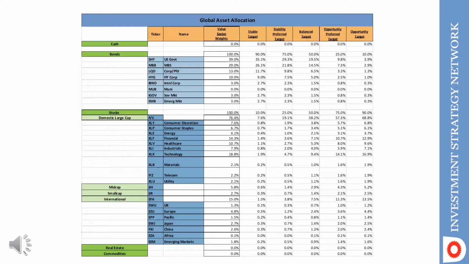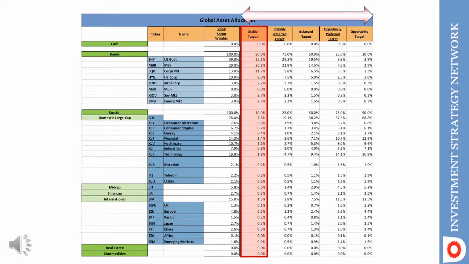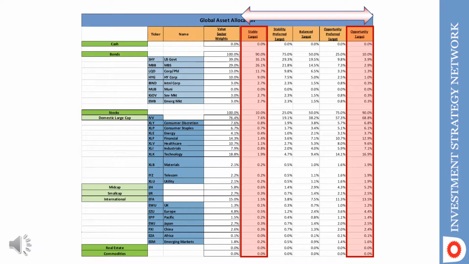Across columns 5 through 9 are allocations that represent the trade-off between stability and future opportunity. The 2 ends of the spectrum are an increase in stability of valuations in portfolio values over time versus higher fluctuations in values over time, but greater potential in future value.